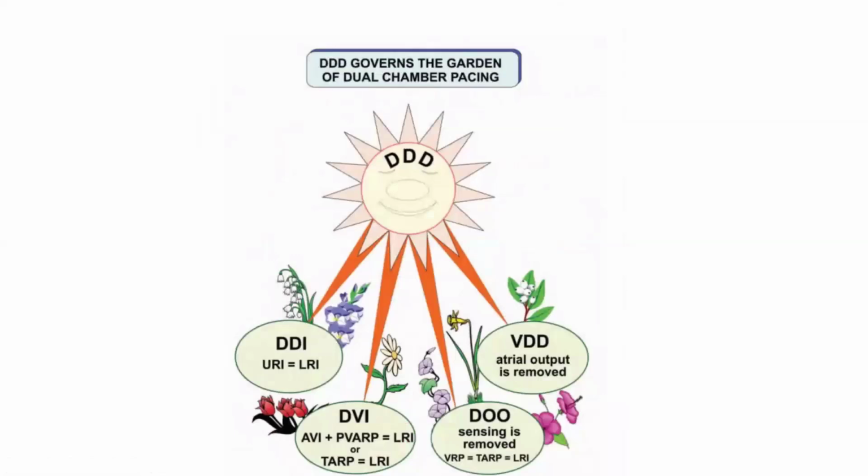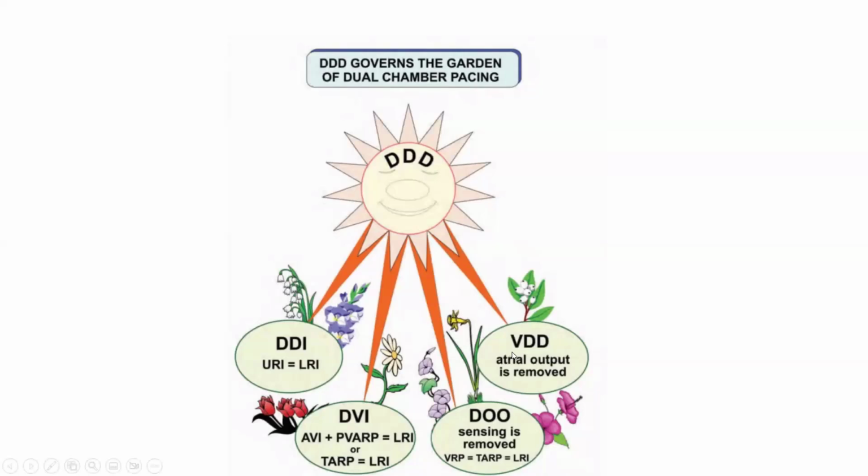To finish my rapid review, there are different types of dual chamber pacemakers. The most common is our DDD pacemaker. Another type that's commonly used is the VDD pacemaker. What's meant by VDD? I have ventricular pacing, sensing in both atrium and ventricle, and both responses, triggering and inhibition. The difference from the DDD is that it doesn't pace the atrium.